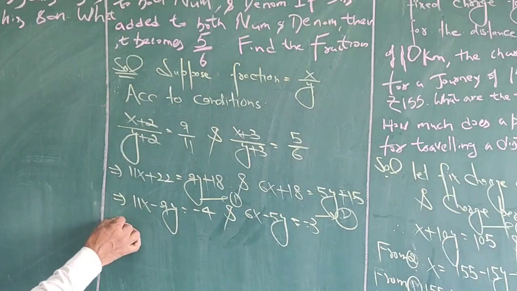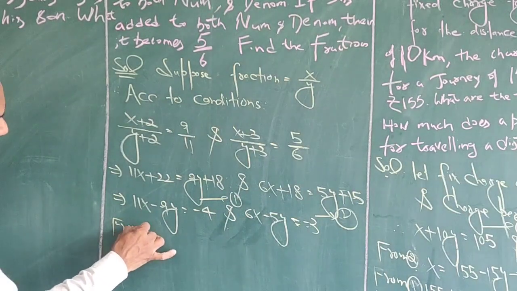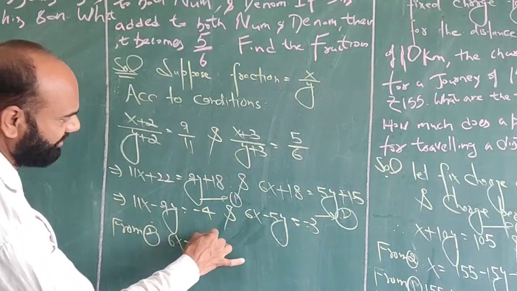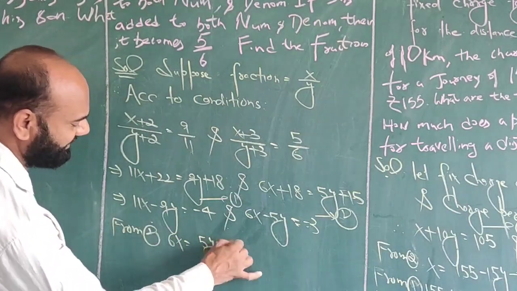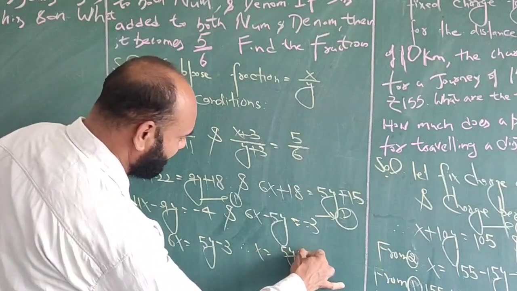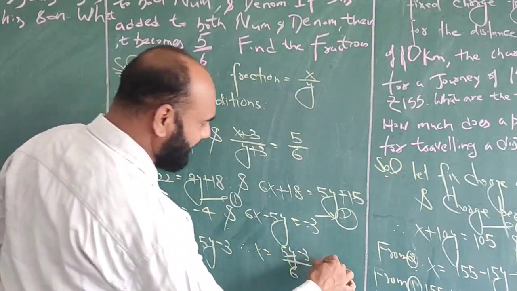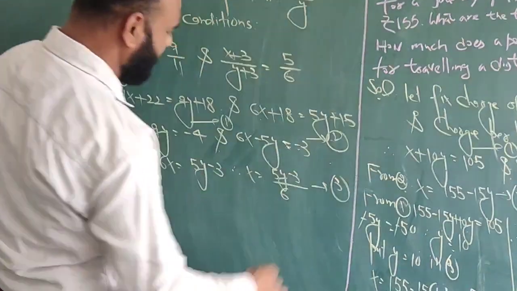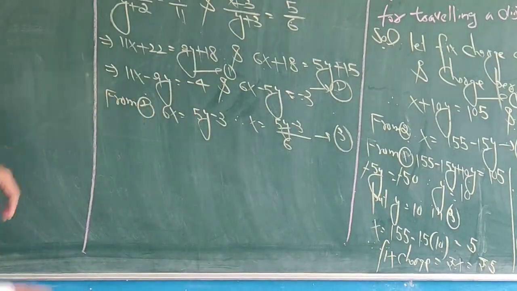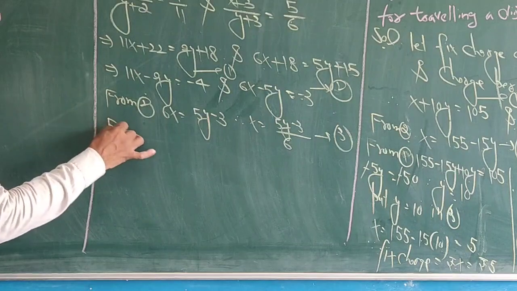So from the second equation, 6x is equal to 5y minus 3. Therefore x is equal to 5y minus 3 upon 6, and this is equation number 3. Here we find x from equation number 2, so we put x in equation number 1.